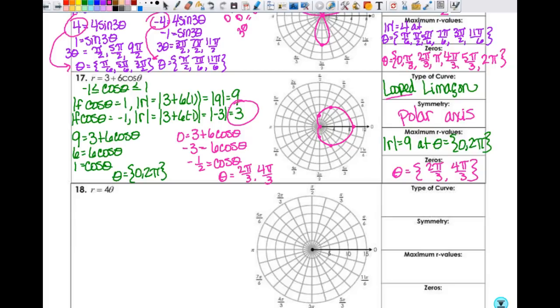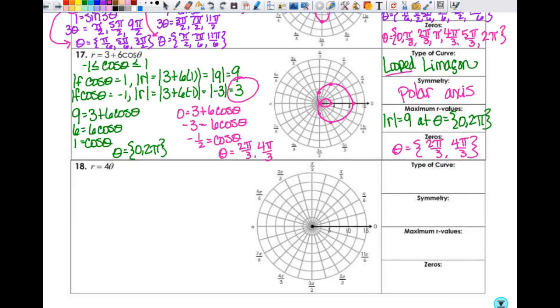If we substituted this back in for r, you're going to find the theta where that is 3, and that's going to be at 0 and 2 pi. So here's 3, which means this comes in, loops around and comes back out, and it looks like that. Okay, so that's how you're going to get your loop part in there.